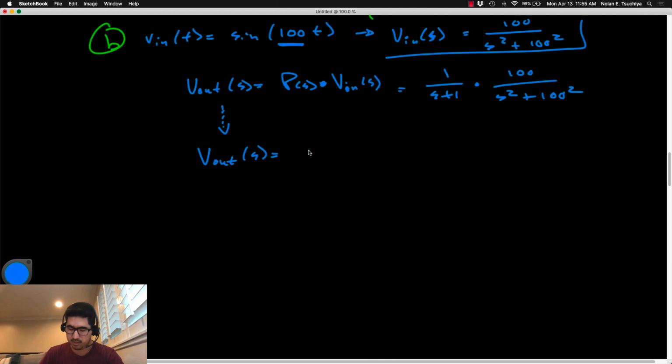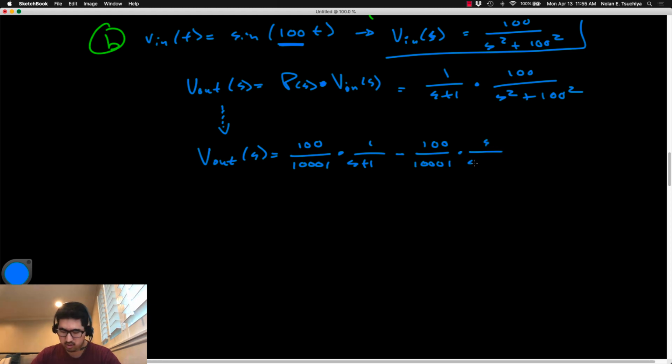Big V out can be expressed as 100 over 10,001 times 1 over s plus 1, minus this same parameter times s over s squared plus 100 squared, plus 1 over 10,001 times 100 over s squared plus 100 squared.